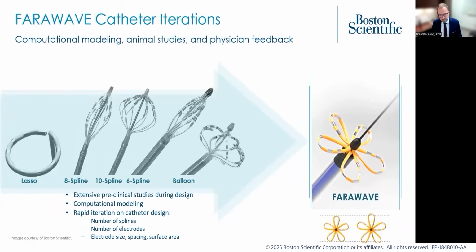But once we moved to the basket form factor, which is ideal for PVI, there's 8 splines, 10 splines, 6 splines. There was a version that had a balloon in it. And eventually we ended up with the design that you see on the right, the FARAWAVE catheter.